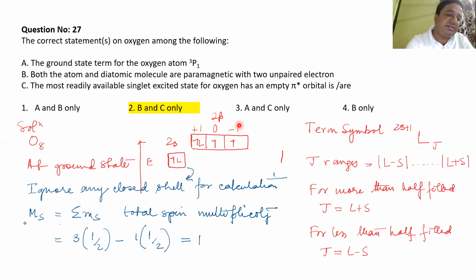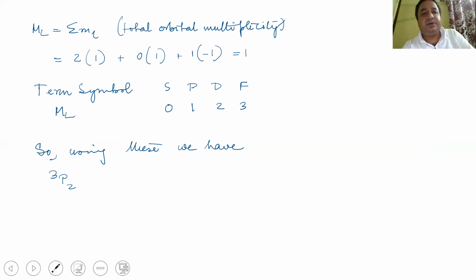Keeping this in mind, 2 into 1, 0 into 1, and 1 into minus 1 will give you the L value as 1. Now if L is 0, then it is S; 1, then it is P; 2, then it is D; 3, then it is F. So using this, we can say that it is going to be 3P2 and not 3P1. So the first option obviously is wrong.